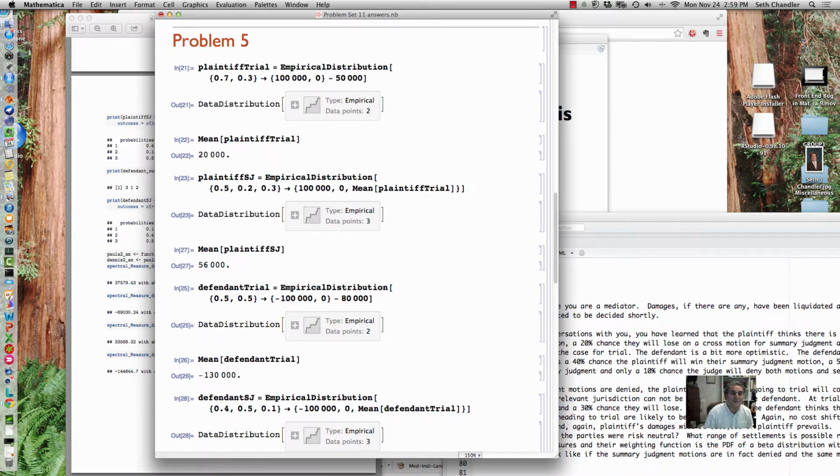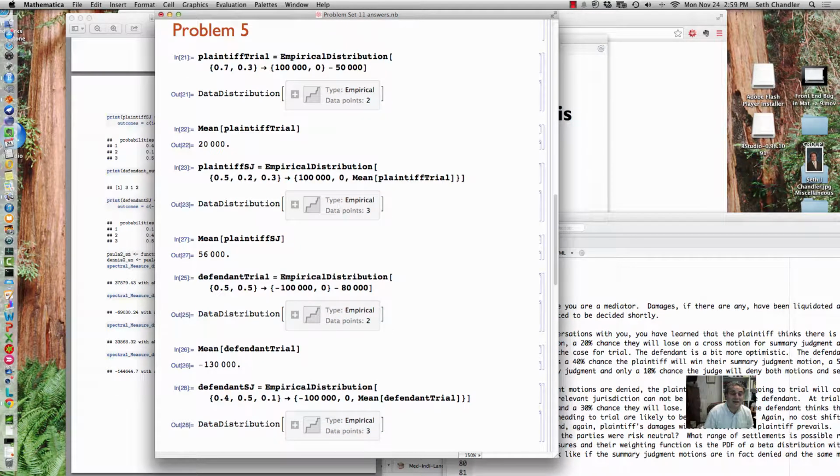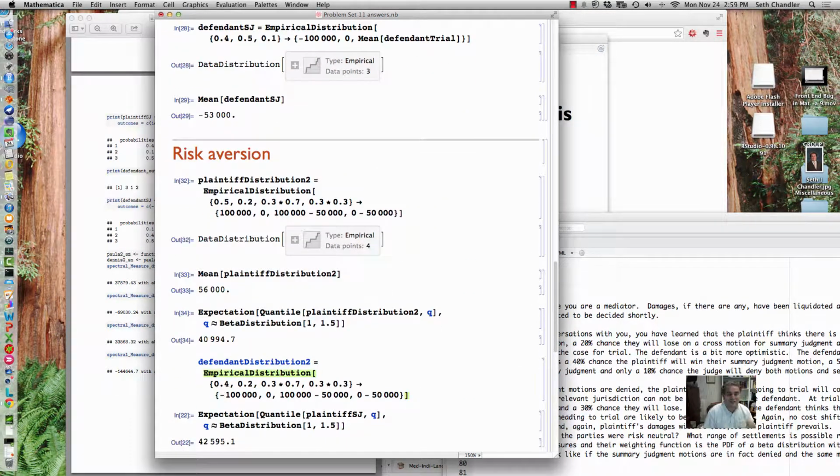They thought that there was a 50% chance that their motion for summary judgment was going to prevail, in which case they're at 0. And there's that 10% chance that it's going to go to trial, in which case there's a 50% chance that they're going to win and a 50% chance that they're going to lose. And now if they lose, they're out $150,000.